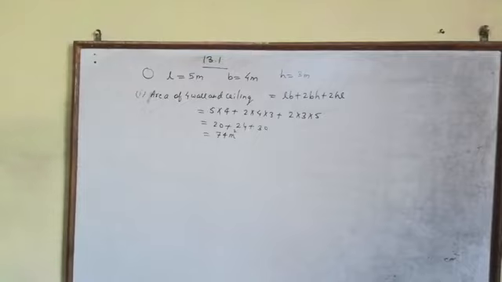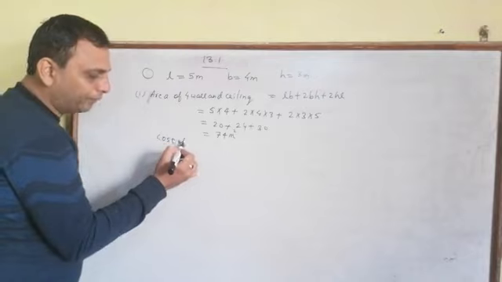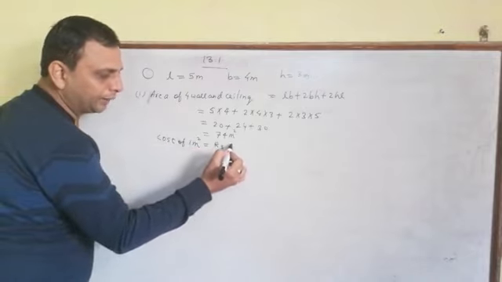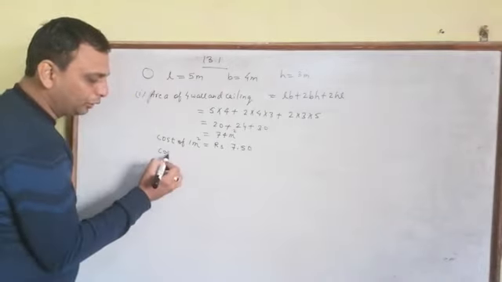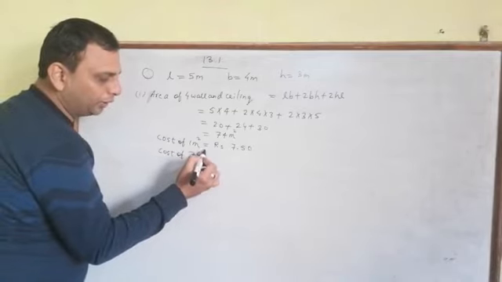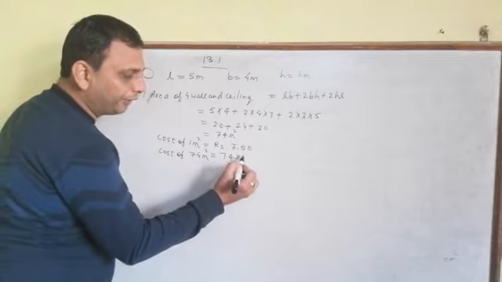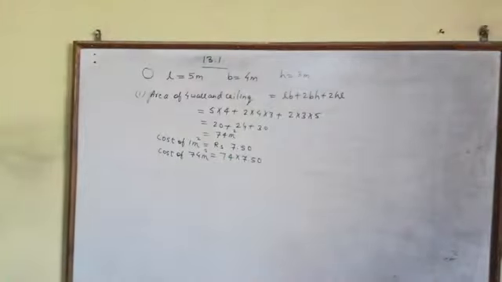Now we have to find the cost also. If the cost of 1 meter square, as mentioned in the question, is 7 rupees 50 paisa, then the cost of 74 meter square will be 74 multiplied by 7.50.